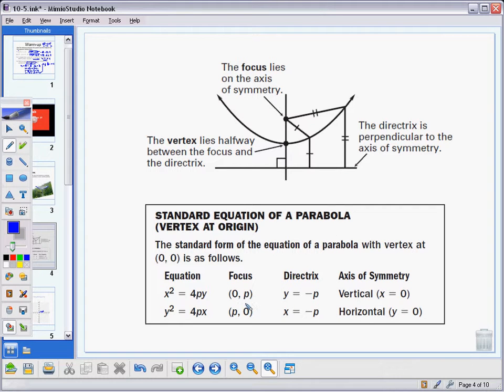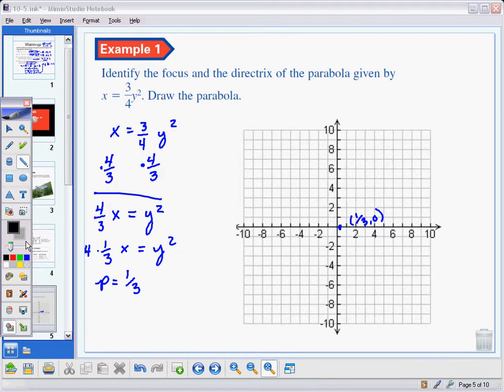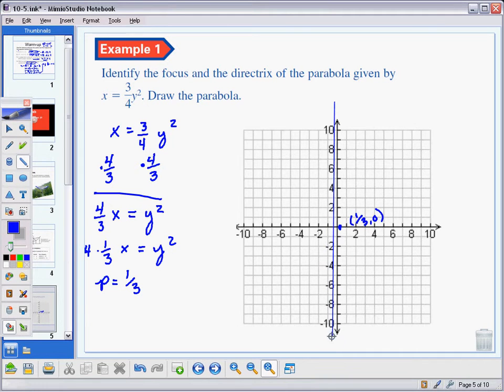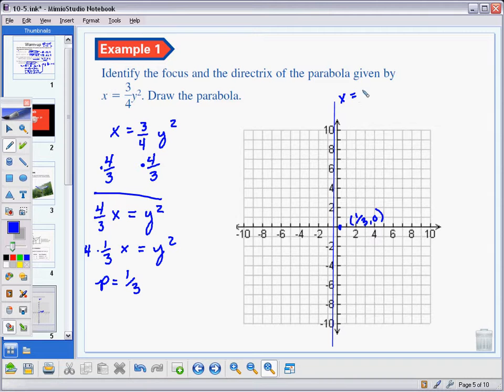The next thing I can find from the p-value is my directrix, and that will be at x equals -p. So at x equals -1/3 will be my directrix. So I'm going to go ahead and draw that in there. x equals -1/3. That is my directrix.